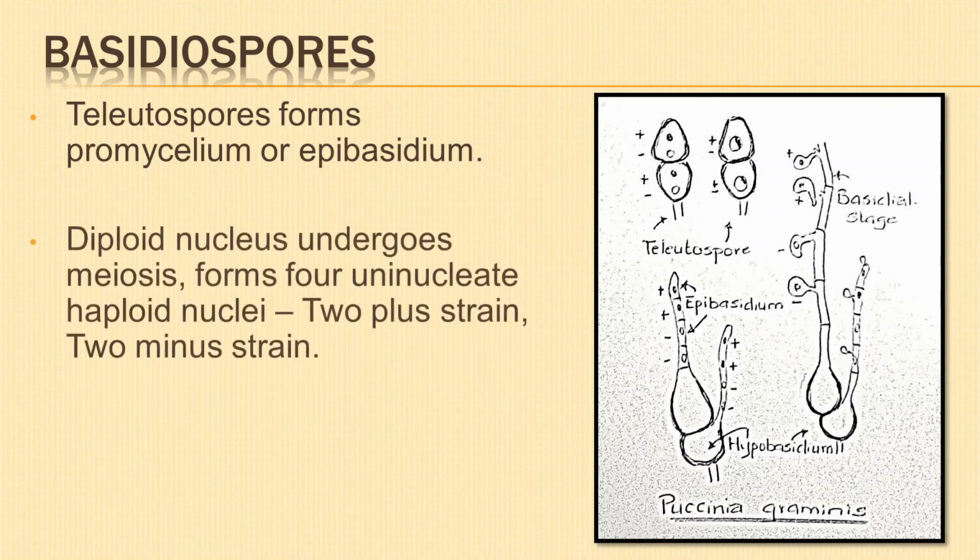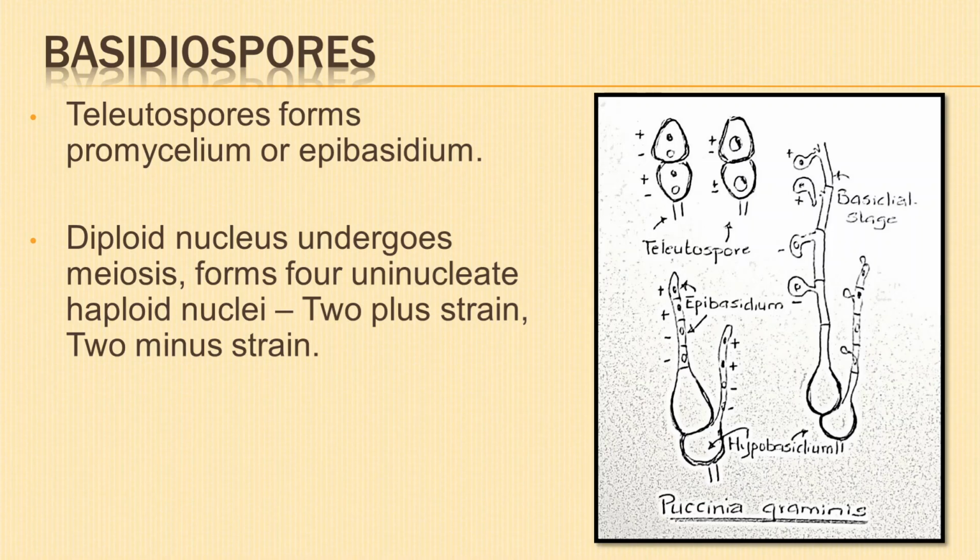The diploid nucleus migrates into the epibasidium, undergoes reduction division or meiosis to form 4 haploid nuclei, 2 of plus strain and 2 of minus strain. The epibasidium becomes 4-celled by the development of transverse septa.